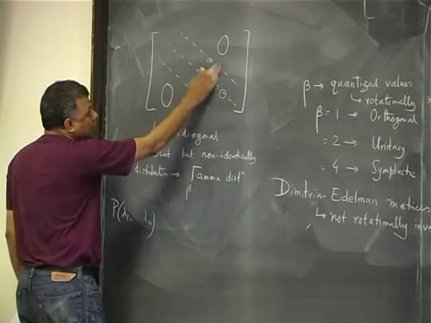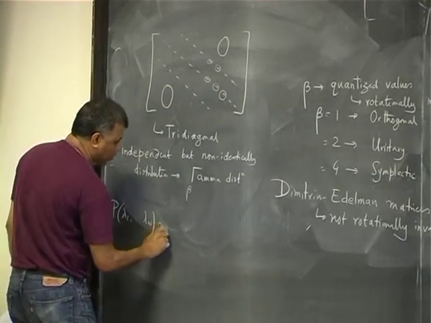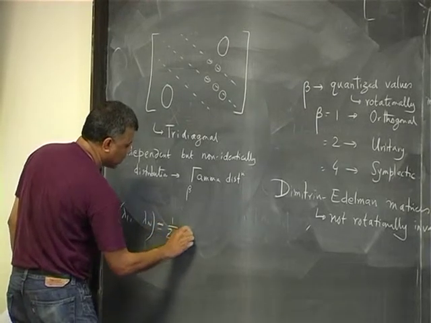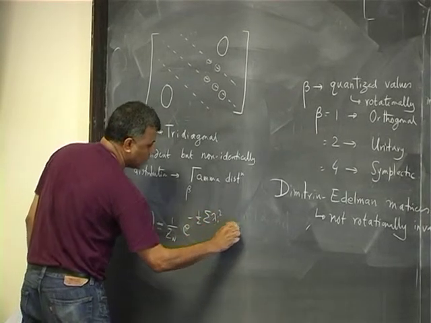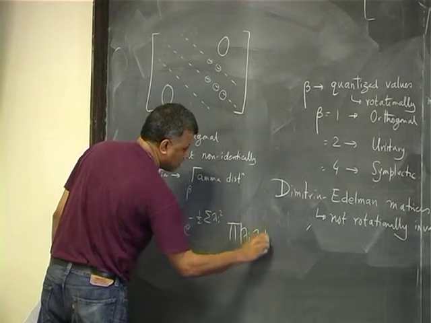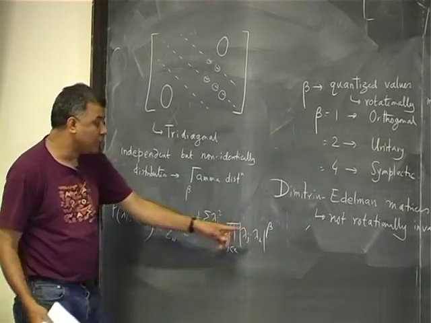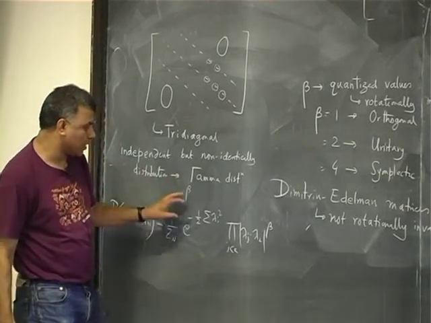Again, I'm not telling you exactly what the distributions of each entry are, but basically, up to this normalization constant, the joint distribution has the Vandermonde factor to the power beta, but you see that beta now is a continuous positive parameter.